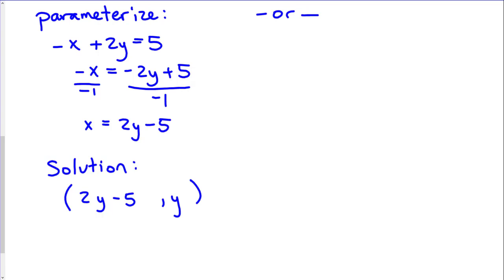I could choose the other variable to be arbitrary. I could choose x to be arbitrary. And if I start with negative x plus 2y equals 5, then I just need to solve the equation for y. So I'll add x to both sides, which gives me 2y equals 5 plus x.